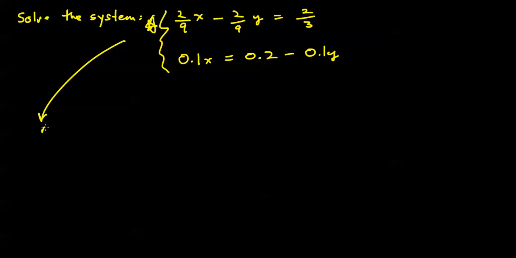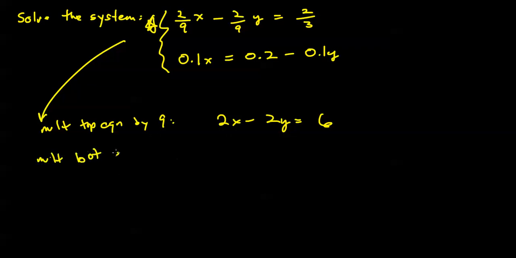So I'm going to multiply the top equation by 9. And I will get the result 2x minus 2y equals 2/3 times 9, which is of course 6. Now the bottom equation, I will multiply by of course 10.